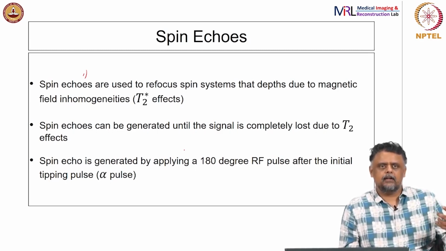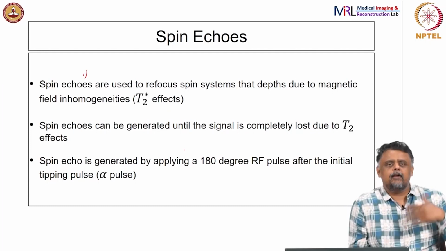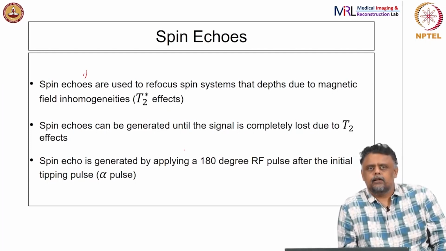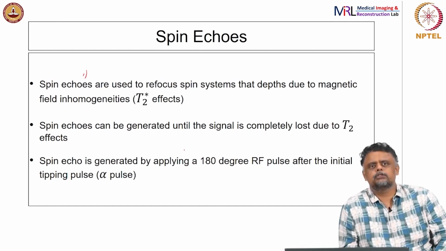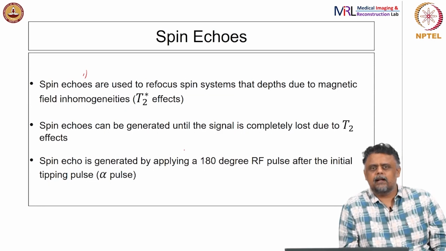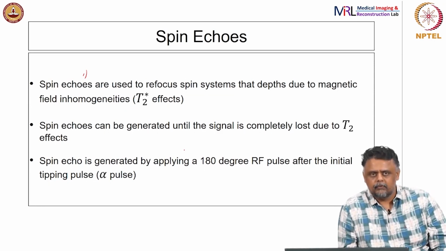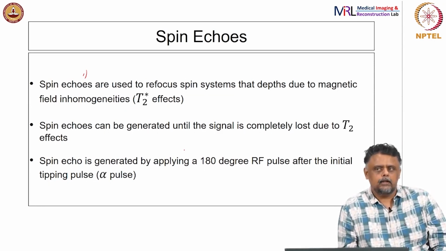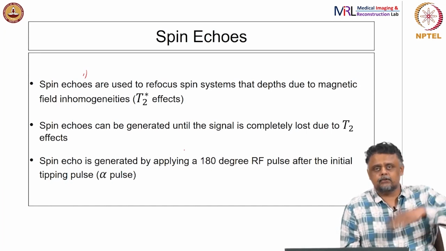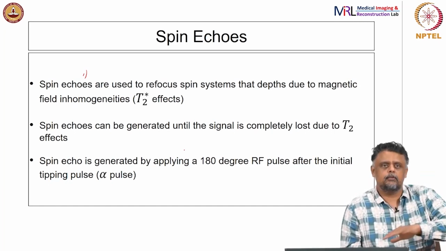Before we go there, we just have to understand that the echo, that is the FID that is generated, decays due to the T2 effects as well as the T2 star effects, and this is a very rapid decay. So, measuring that is slightly difficult, but if you get a spin echo, then you can measure that much easier, because this FID is generated instantaneously as soon as you flip the spins into the plane.